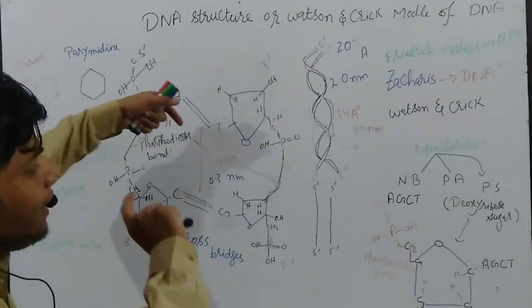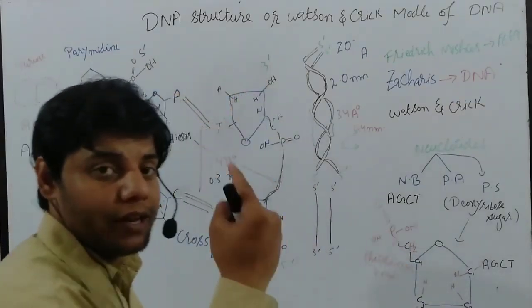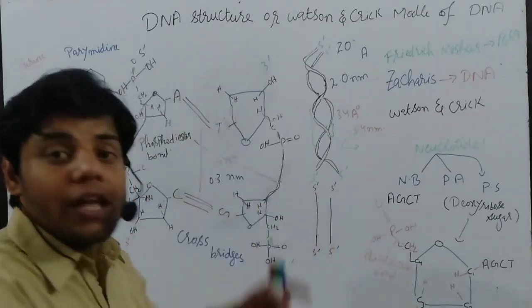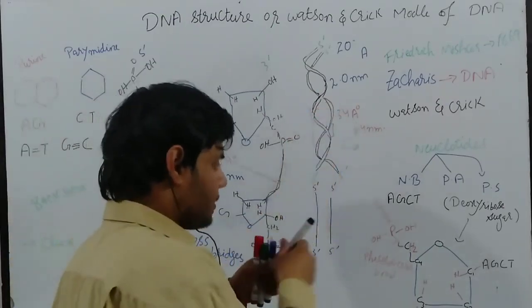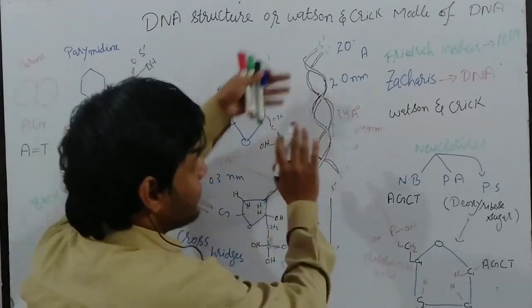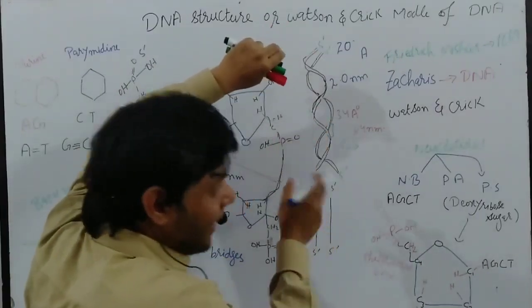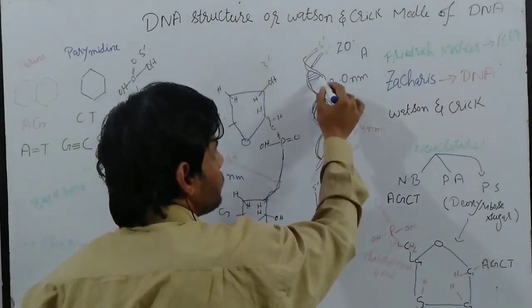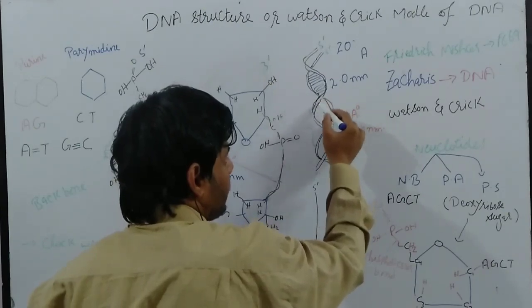One thing more that I forgot: whenever the DNA performs one turn, when the DNA circulates, in one turn they have 10 bases. When the DNA turns in a clockwise direction one time, they have 10 nucleotides. 1, 2, 3, 4, 5, 6, 7, 8, 9, 10.